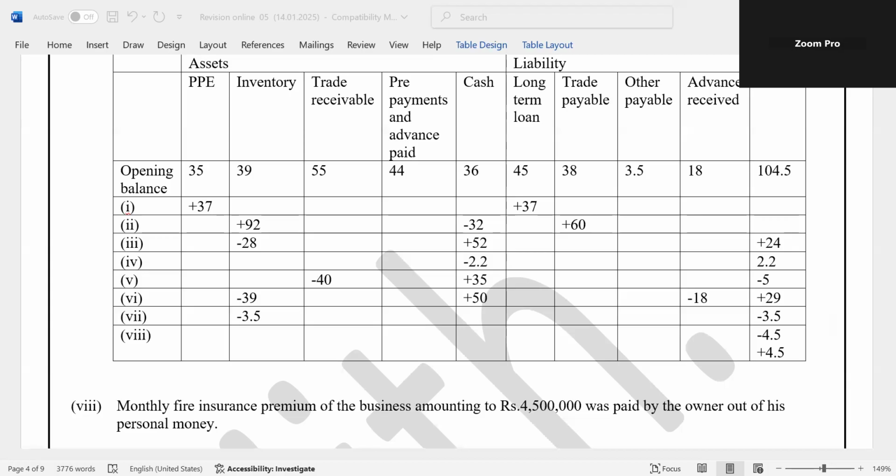First, complete the recording parts. Same thing, how to prepare the income statement also. There are 15 transactions.